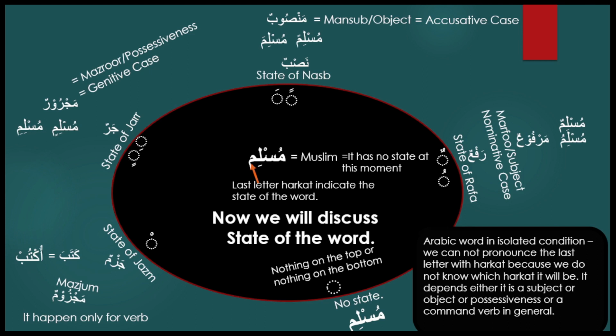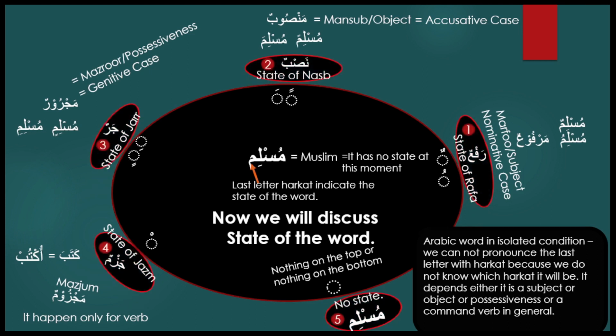And the case will be nominative, accusative, genitive. These are the 4 or 5 states of any word. This is very important terminology: rafa, nasab, jar and jazm, marfu, mansub, majroor and majzum. This terminology will be required in our upcoming lessons.